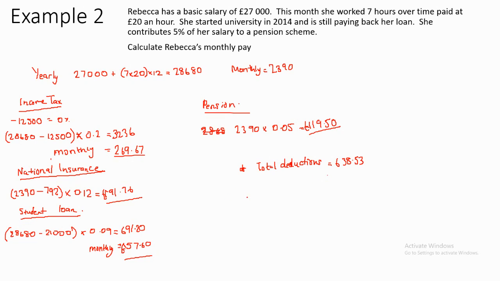So net pay, 2390 minus 638.53 equals 1,751.37. And that's how to calculate your pay.